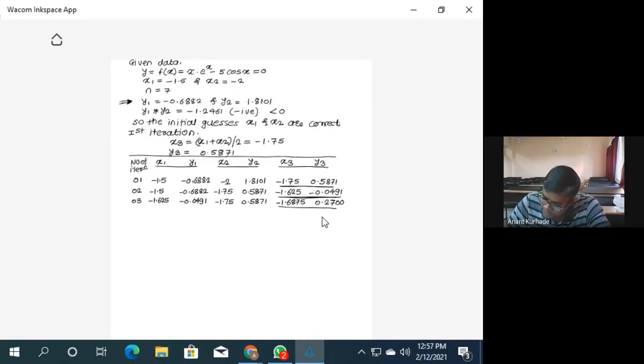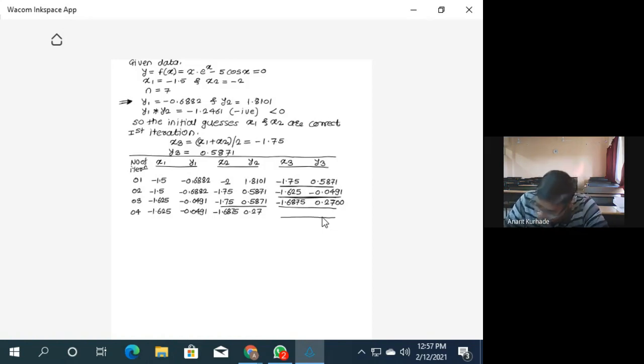It is plus, so shift plus to plus. While writing the fourth iteration, the second pair is having a plus sign, so shift here minus 1.6875 and 0.27, and the first pair is as it is, minus 1.625 and minus 0.0491.